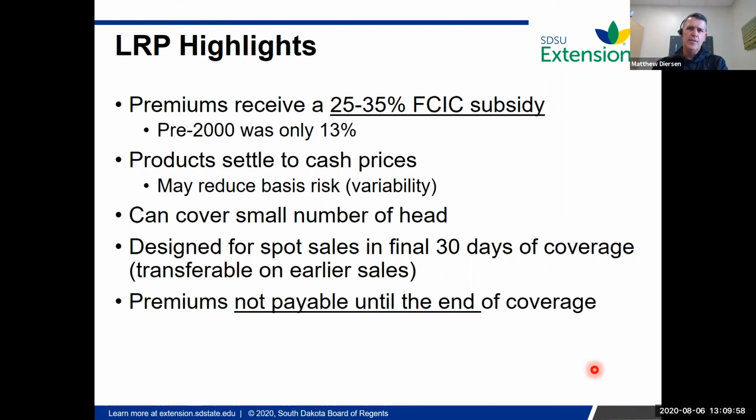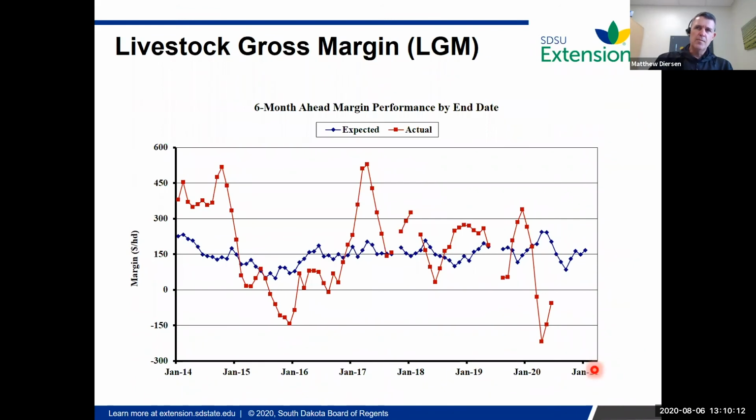The last strategy I just wanted to highlight is an old strategy, and I was under the impression that when the volatility skyrocketed, it may have been unaffected. That's not the case, but I want to highlight a couple of things. This is what's happened to fed cattle 6 month ahead feeding margins. So this would be a paper trade.